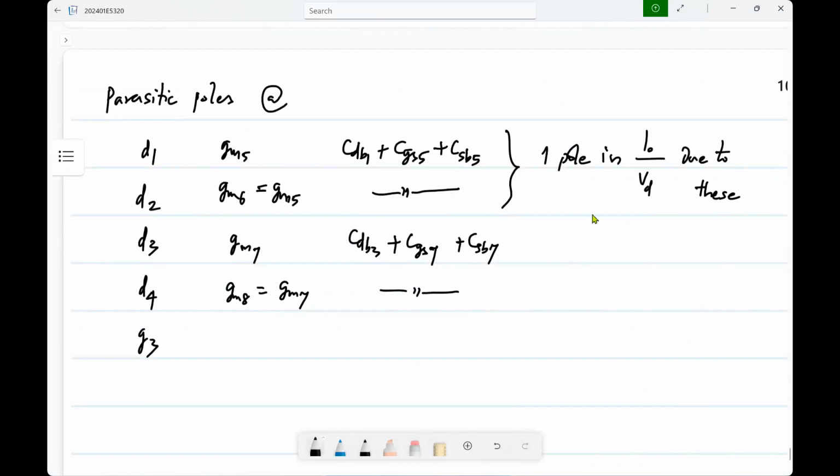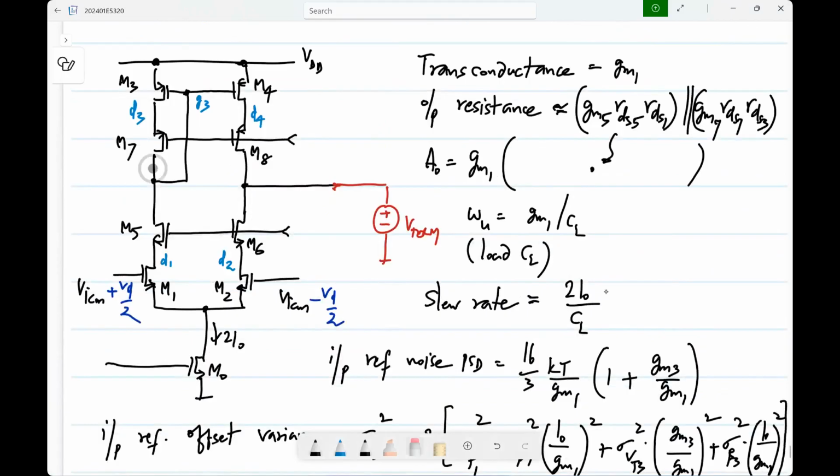And what will be the conductance associated with this? Let's say only G3 had a parasitic capacitance, there are no other parasitic capacitances, and that capacitance is contributed by all these transistors. Let's call it CP. Where will be the pole? What is the conductance associated with that? 1 by?